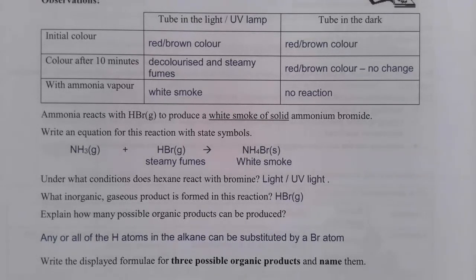Again, we have the same problem that we usually do with this mechanism. Any or all of the hydrogen atoms can be substituted for by a bromine atom. And because this is a very large alkane molecule with many hydrogens, we get a huge range of possible organic products. We've asked you to draw 3 of them, but obviously there are many, many more than 3 that are possible.